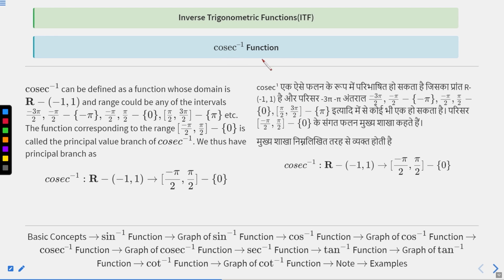Now the cosec function is one-one in this interval, minus pi by 2 to pi by 2, except 0, which will not be included.